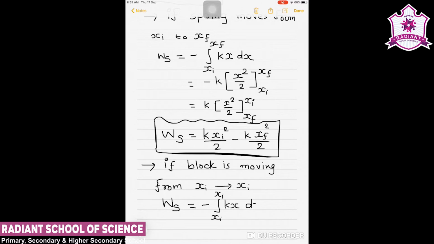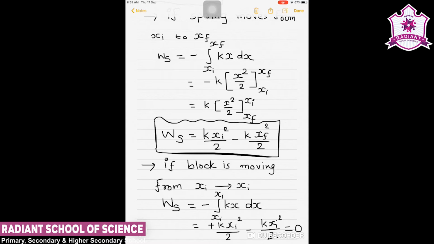So ultimately we can say that it is minus k xi square by 2 minus the same term, which gives k xi square by 2 minus k xi square by 2, that is ultimately 0. That shows that the work done by the spring force in a cyclic process is 0.